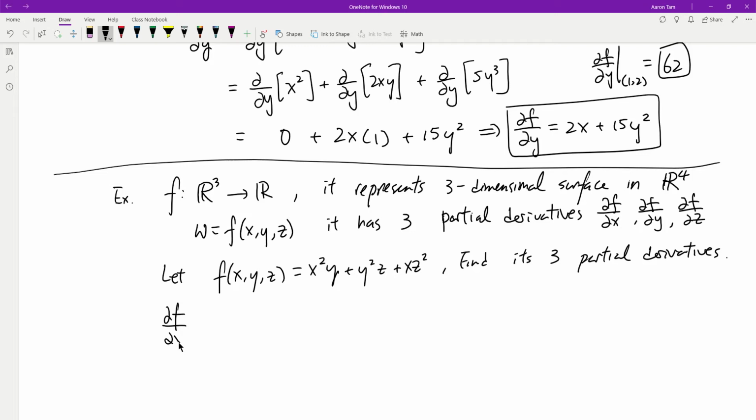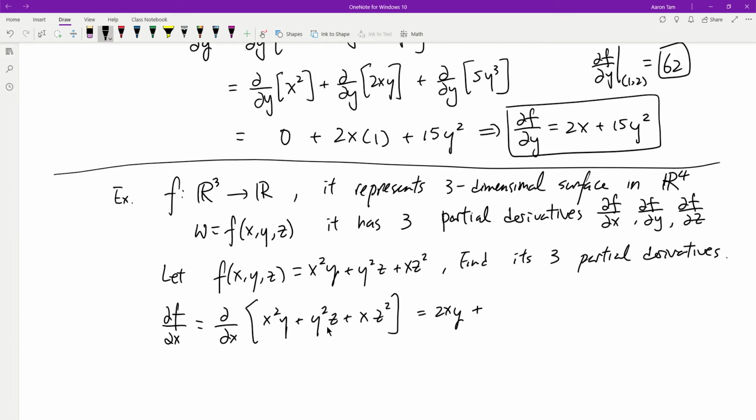df over dx would be when you differentiate with respect to x of x squared y plus y squared z plus xz squared. So x squared y, remember y is a constant, so that stays. And we just simply differentiate x squared, which is 2x, so it becomes 2xy, plus y squared z. None of them are variable, because the only variable is x.